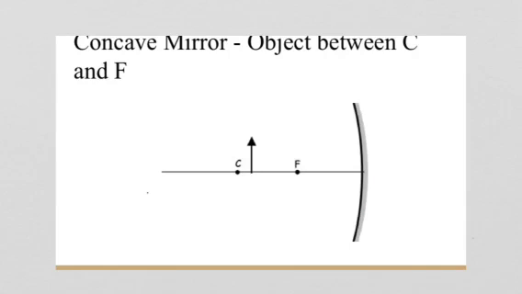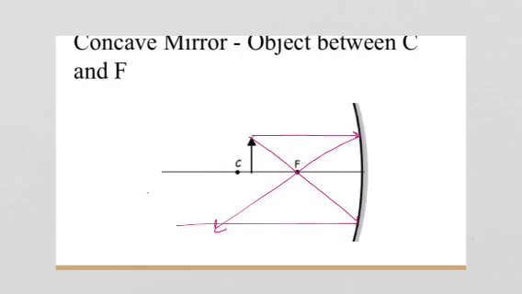Now, we are going to be dealing with an object that is located in between C and F, as denoted here. Again, taking our point on the object, parallel, reflects through the focal point, through the focal point, reflects parallel.